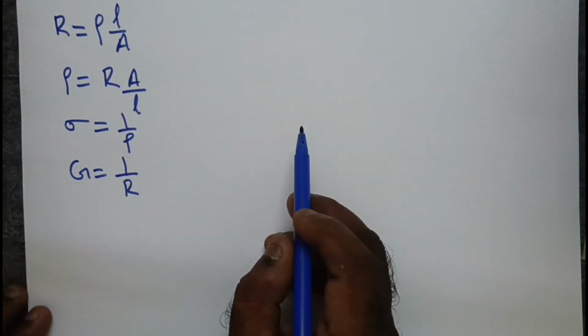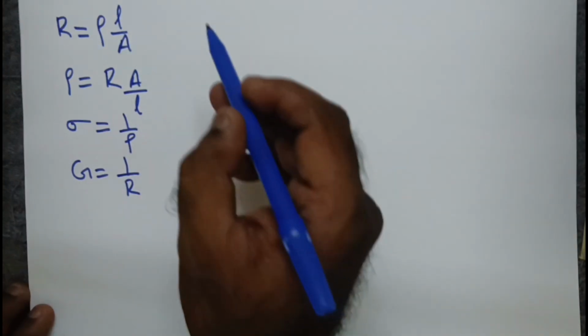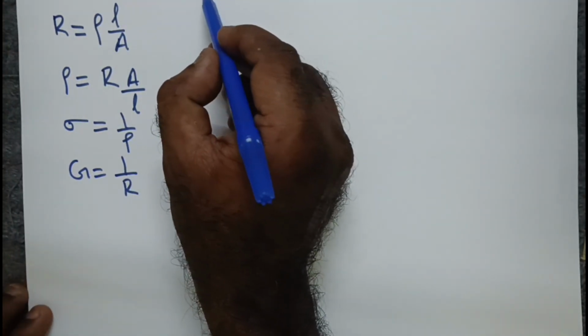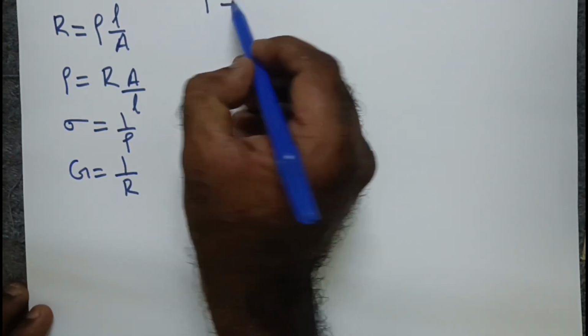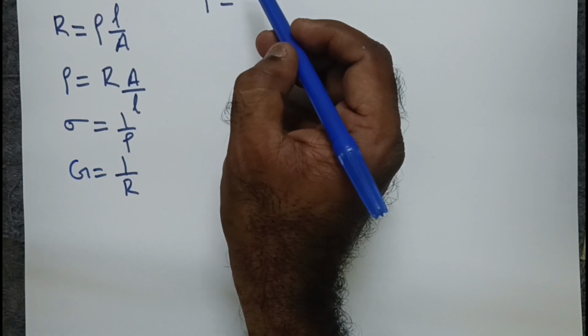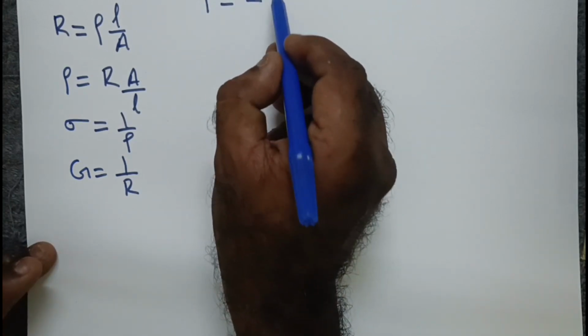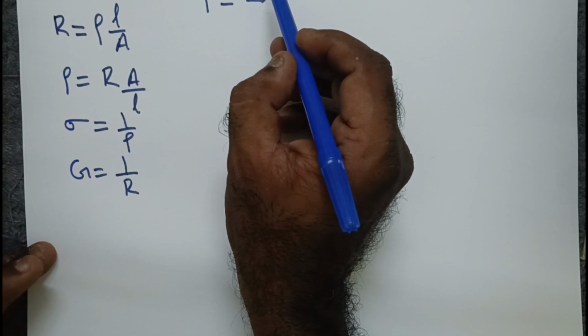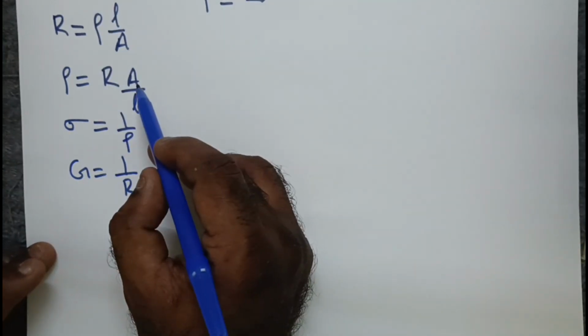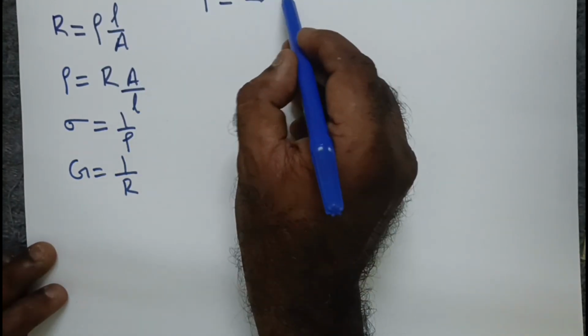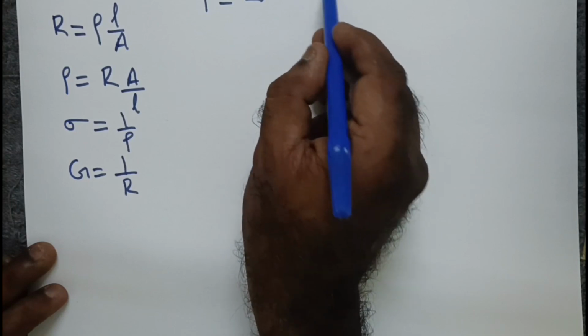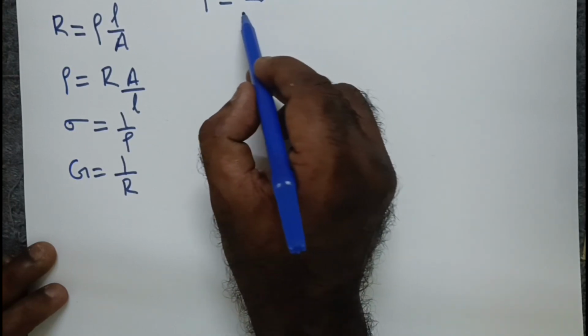Now we are going to calculate the values of all this. So rho, or specific resistance or resistivity, is equal to R into A by L. What is the value of R here? It is 2 ohms. So 2 into, what is the area here? It is 2 into 10 power minus 7, divided by the length.